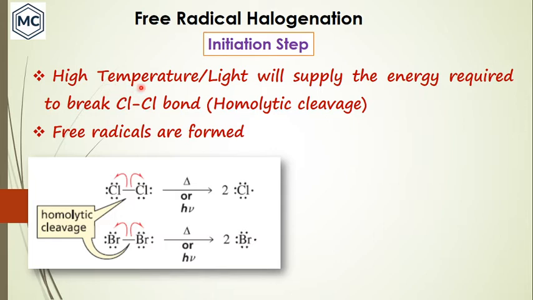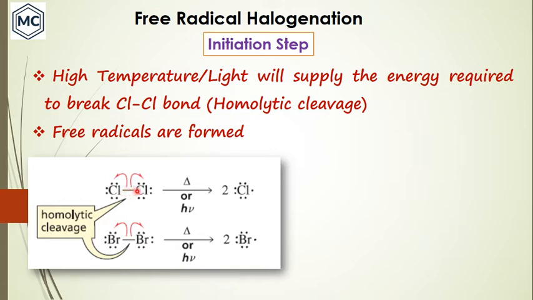Usually high temperature or light will supply the energy to break the chlorine sigma bond. So in presence of heat or light, it undergoes homolytic cleavage. Usually the products of homolytic cleavage are free radicals. Free radicals are formed.